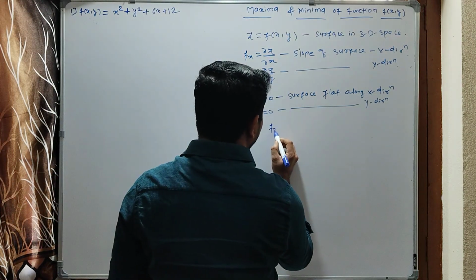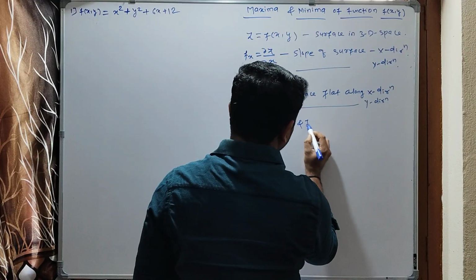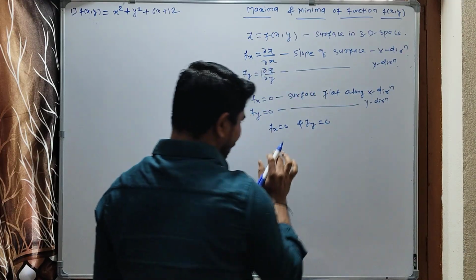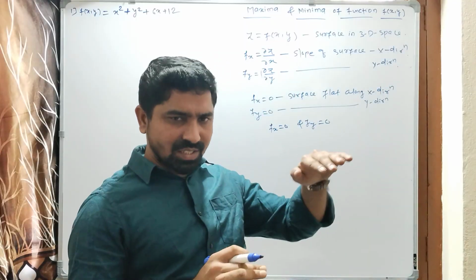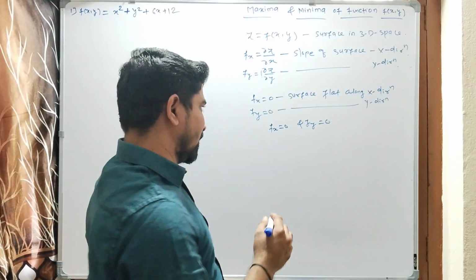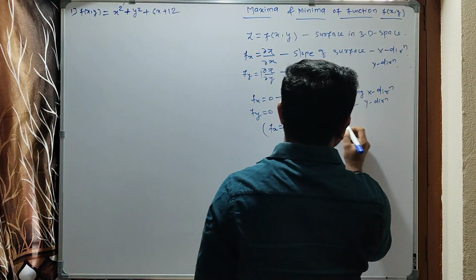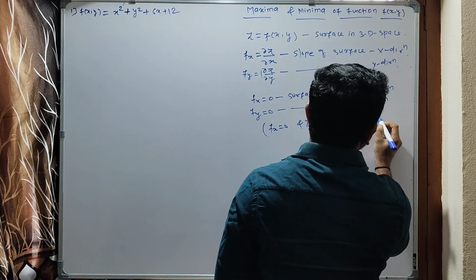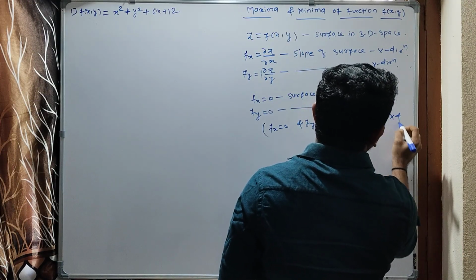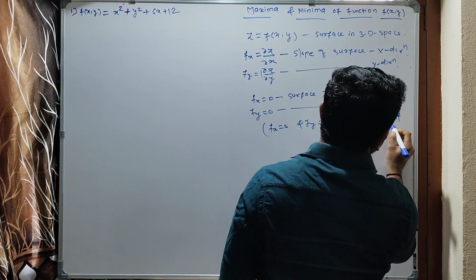When fx equal to 0 and fy equal to 0 at some point, this indicates my surface is flat along the x direction as well as y direction.